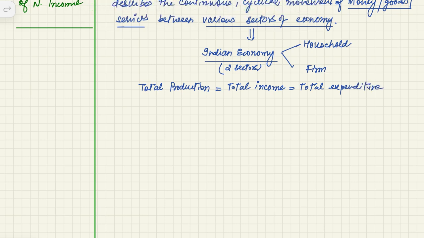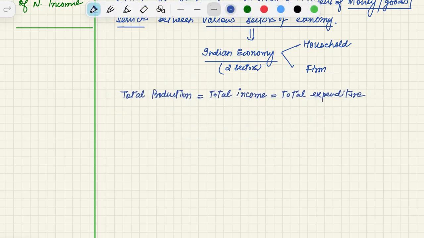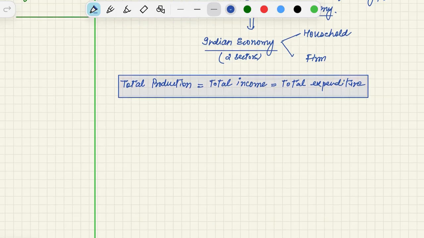What does this trilogy entail? Total production is equal to total income that equals total expenditure. That means the production process, income process, and expenditure process are interrelated to each other. They are circular in nature.